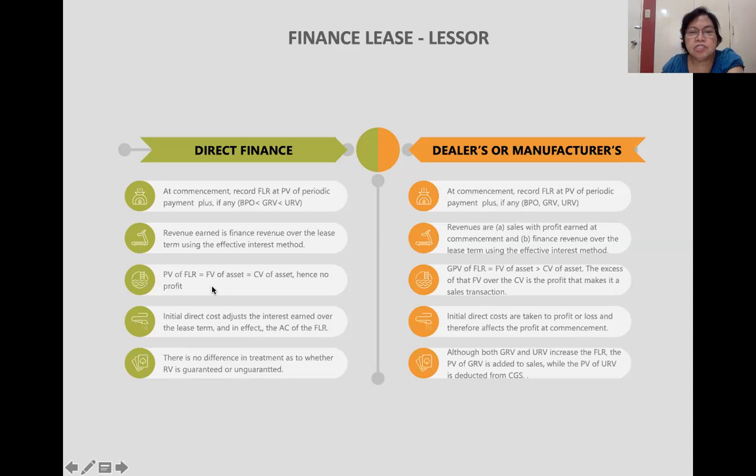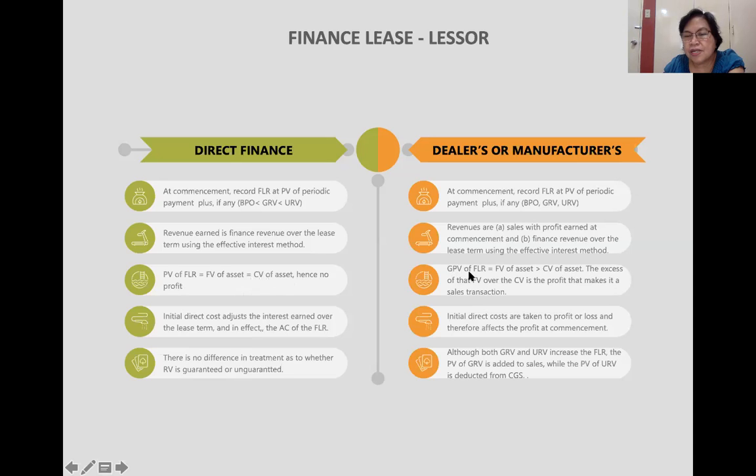So in our equation, under direct finance lease, the present value of the finance lease receivable will be equal to the fair value of the asset, which also equals the carrying value of the asset. Hence, there is no profit during commencement. Whereas under dealers or manufacturers lease, this is present value of FLR.